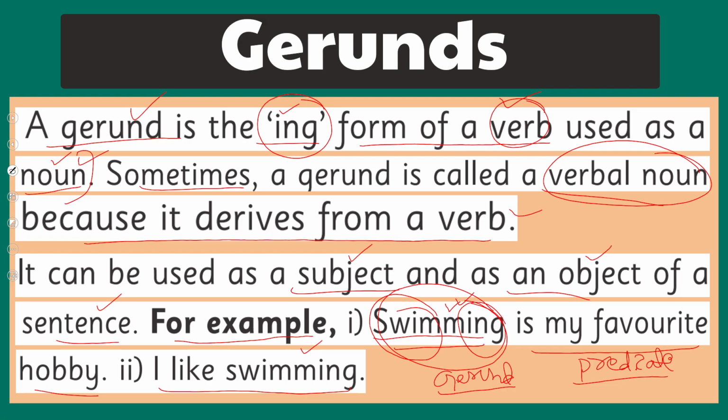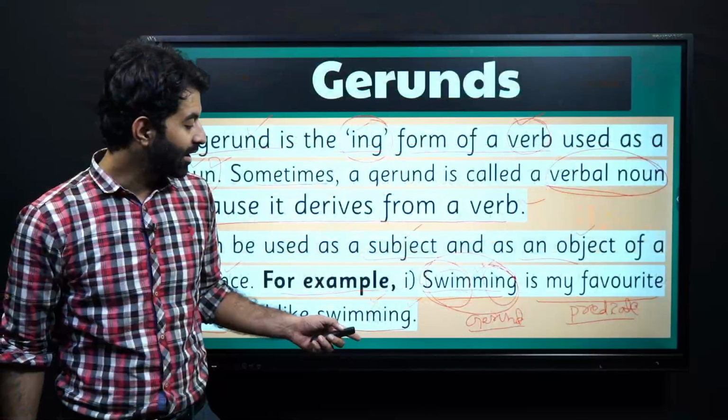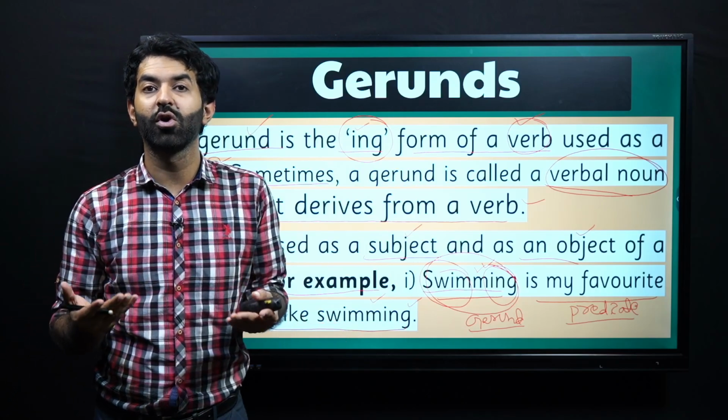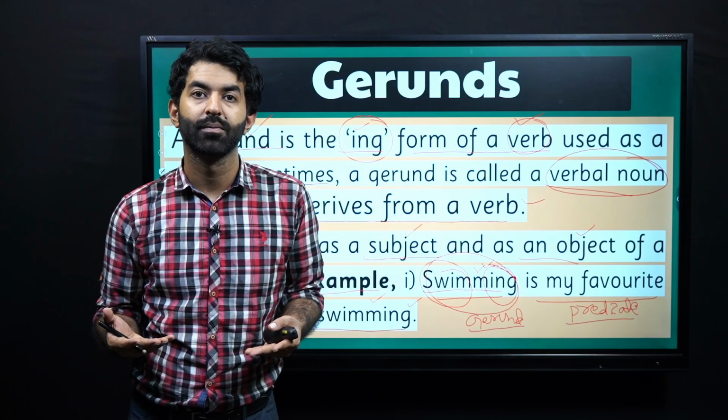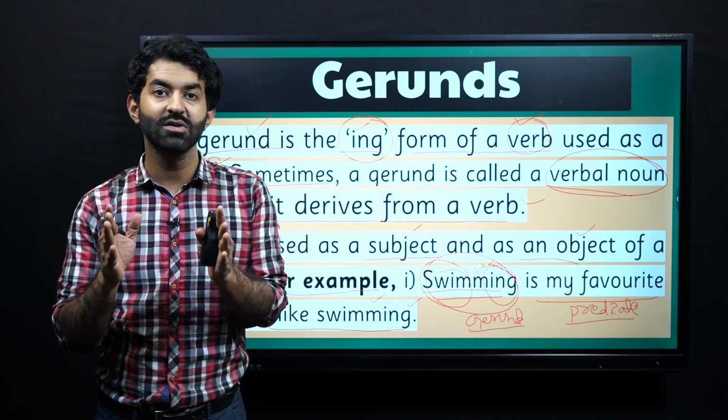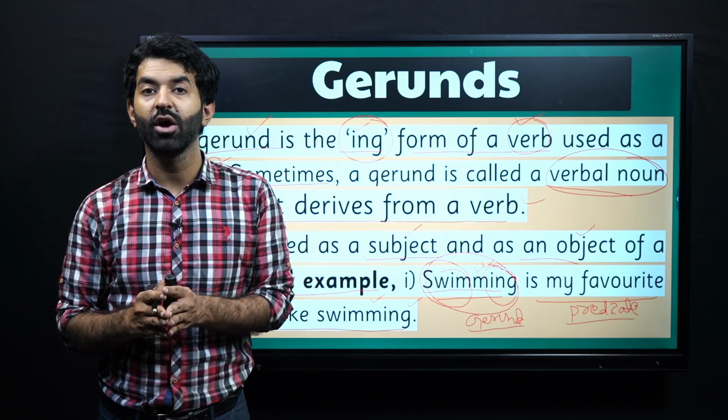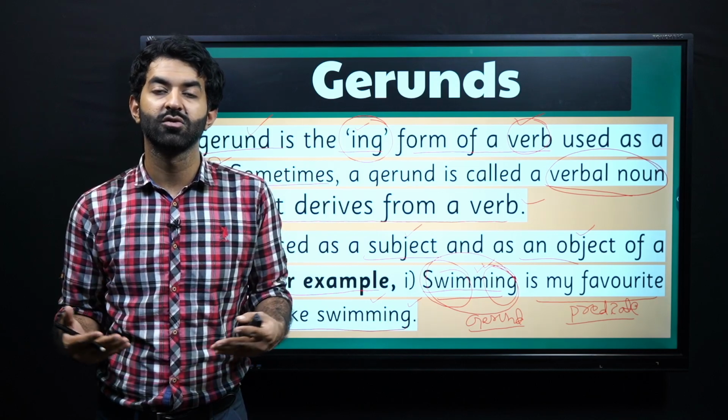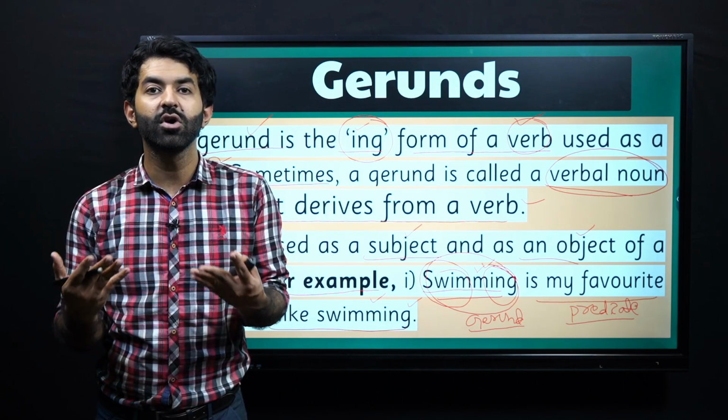So if you see swimming, you must see that here it looks like a verb in the continuous form, but it is not. This is a noun because it is a gerund. So it's a verbal noun, so it can work as a noun.